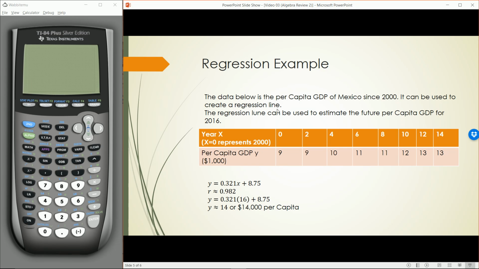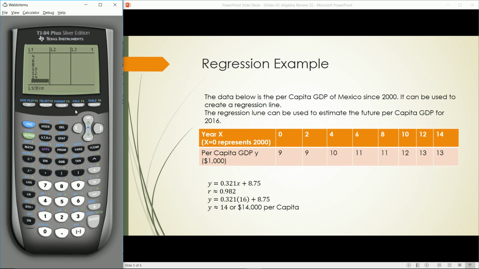Now, let's go ahead and show how all these values down here were achieved. So turn our calculator back on and go to Stat. Here we want to do the edit, where we can now edit our lists. So let's go ahead and type those in: 0, 2, 4, 6, 8, 10, 12, and 14.